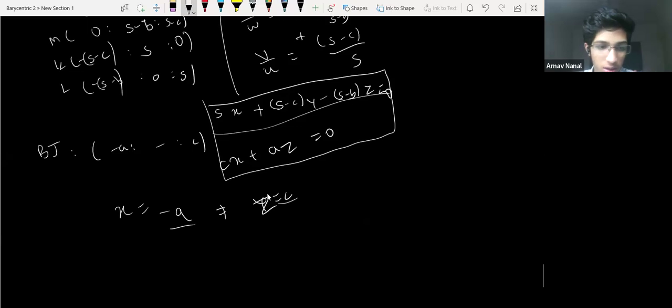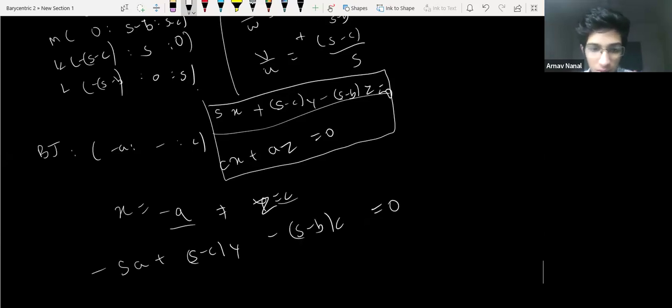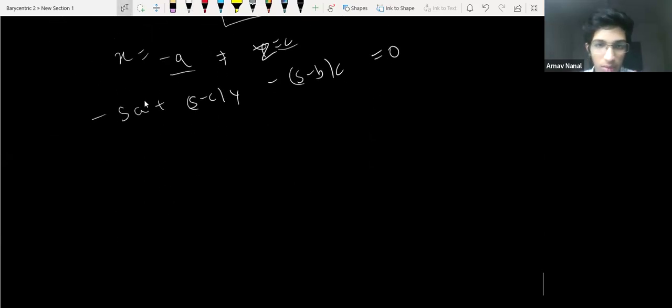If you substitute that here, you will get minus sa plus (s minus c) into y minus (s minus b) into c is equal to 0. So you will get y is equal to (s minus b) into c plus sa, by s minus c.